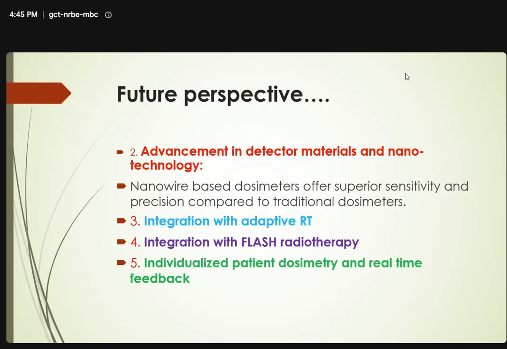So we can individualize the patient dosimetry for every patient depending on the anatomy and their treatment plans. The in vivo dosimetry will give the real-time feedback, and we can assess our plan. We can analyze our plan, and we can recheck depending on the results we have received from the IVD.